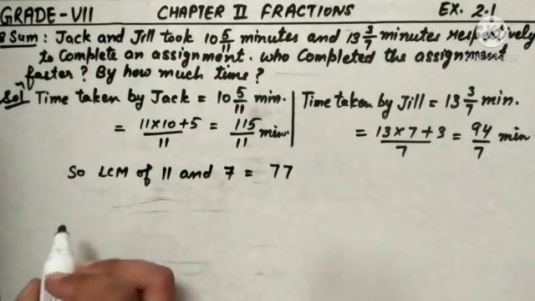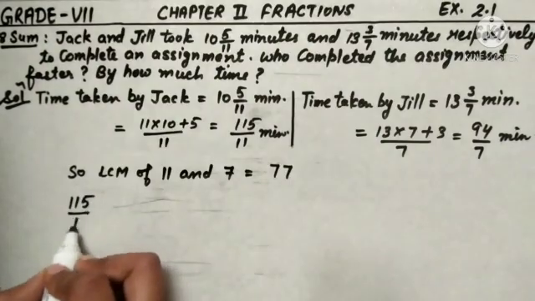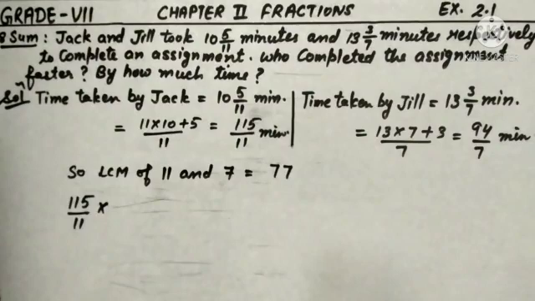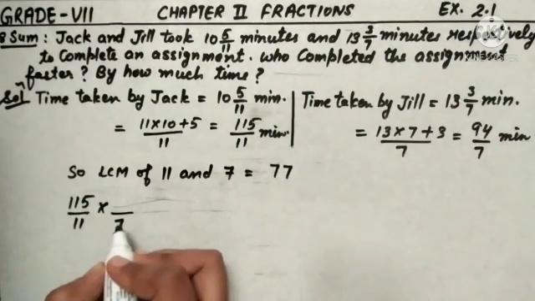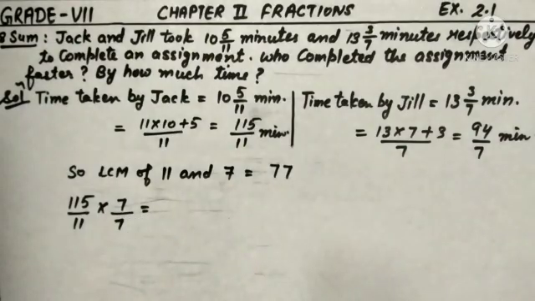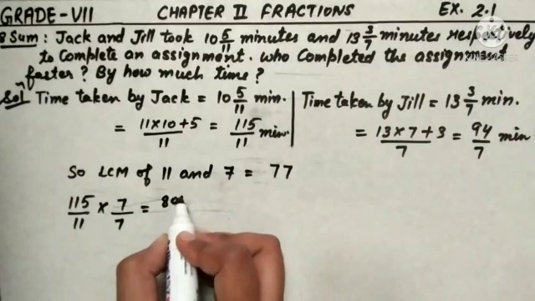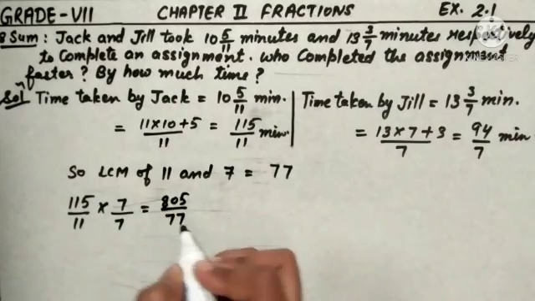In the next step, the first value is 115 upon 11. With which term do we have to multiply 11 to get 77? We multiply by 7 in the numerator as well as in the denominator. After multiplication, 115 into 7 equals 805 divided by 77.